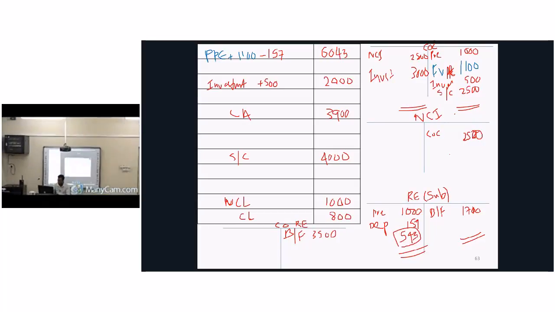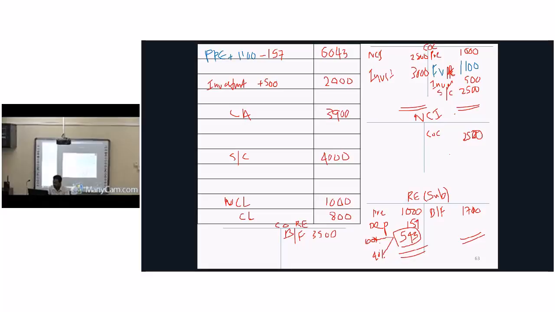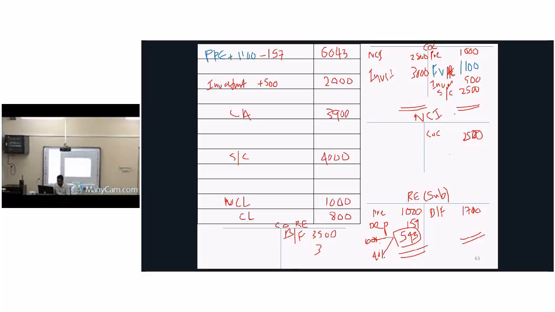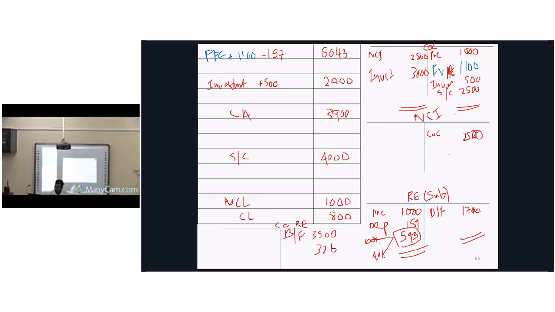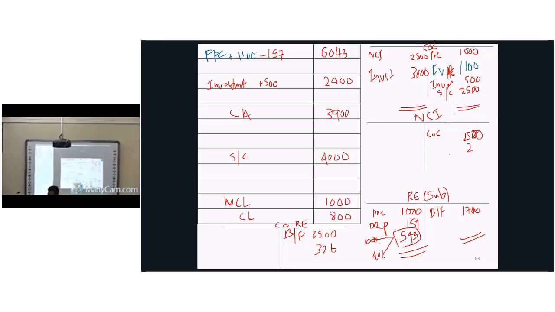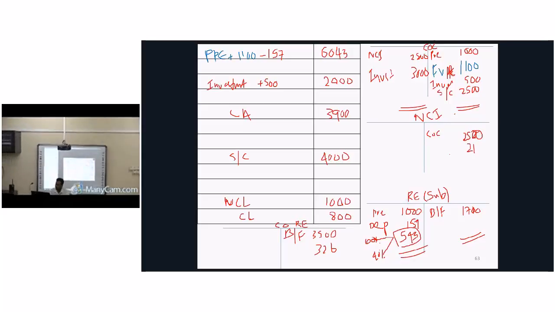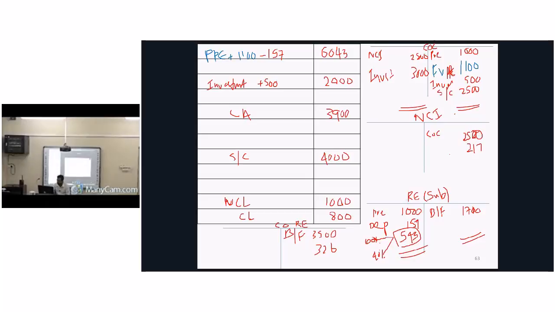This should be split into two, as 60% and 40%. 60% of 543 means 326, and the remaining 217 goes to NCI. 217 to NCI.